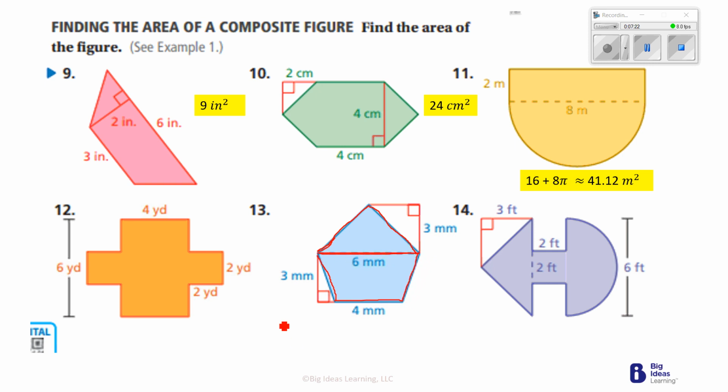Okay, so the formula for a triangle, the area is 1/2 base times height. So let's do that first. I know the base of this is, it looks like 6. And I know the height, well, if this is a right angle going here, this has to be the height right here, which is 3.